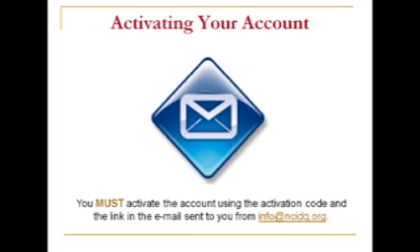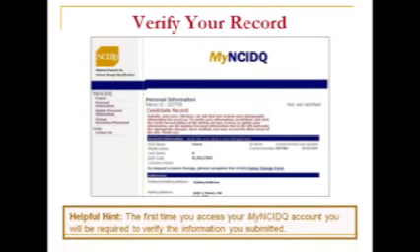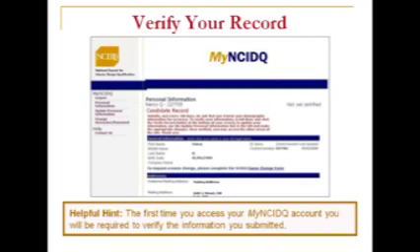You must activate your account through this link in order to proceed with a NCIDQ account. If you don't get the email, make sure you check your spam filter for an email from info@ncidq.org. Now that you've verified your account, you'll have to verify your personal information. Review the information and at the bottom of the page, click the Verify button in order to unlock additional menu options on the left side of the screen.